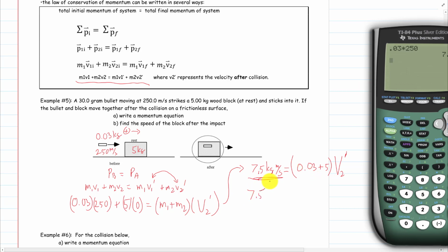And the masses together on the right hand side are 5.03. So we're adding them together. 7.5 divided by 5.03, and we get 1.491 meters per second is the velocity. Excellent.